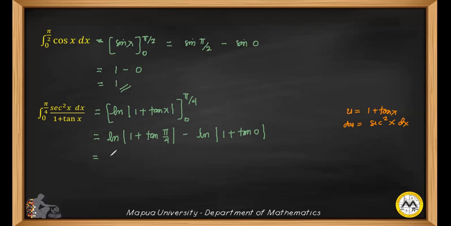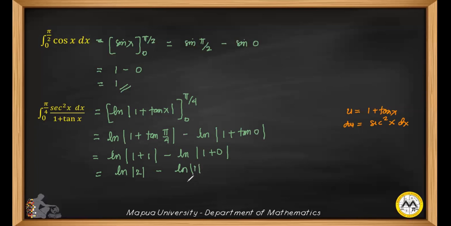which is equal to natural logarithm of 1 plus tangent of pi over 4, or tangent of 45 degrees, which is 1, minus the natural logarithm of 1 plus tangent of 0, where tangent of 0 is 0, so that we will have natural logarithm of the absolute value of 2 minus the natural logarithm of 1.